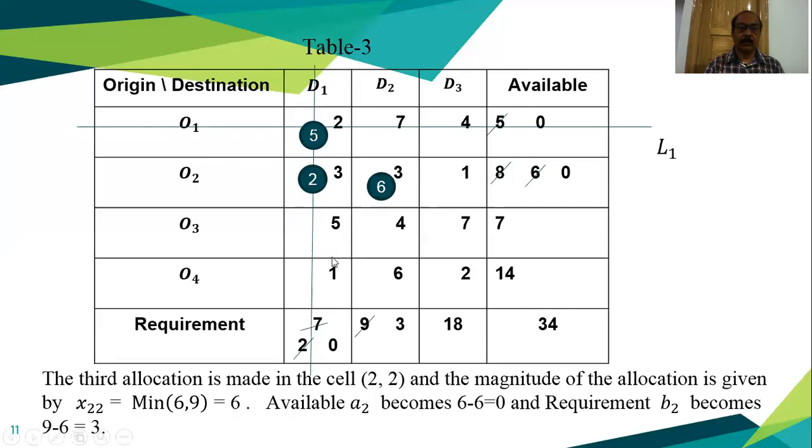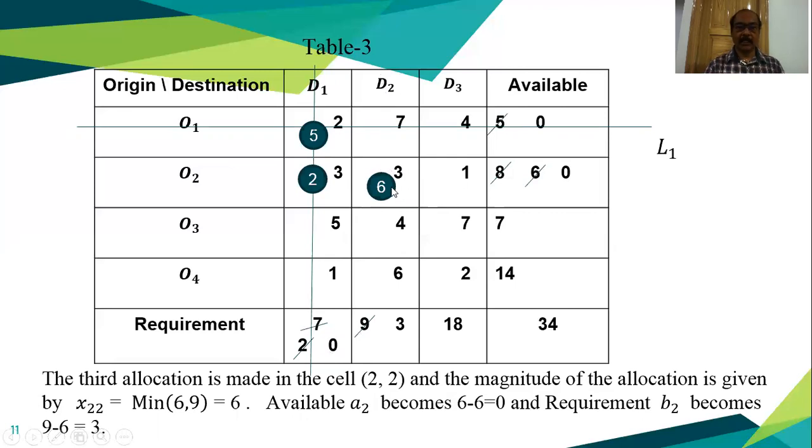Now, since there is no unit demand at D1, we have to move rightward because there are 6 units available. So with 6 available and the destination D2 demand of 9, the minimum of 6 and 9 is 6. So we can allocate 6 in the cell 2 2.